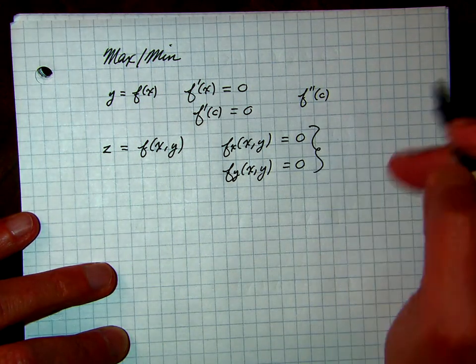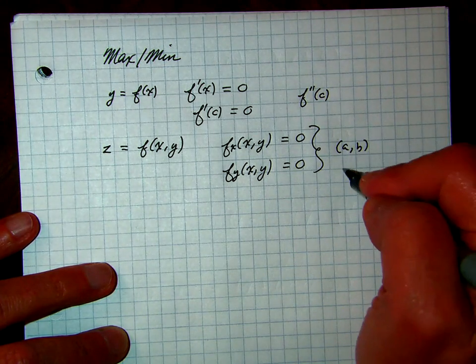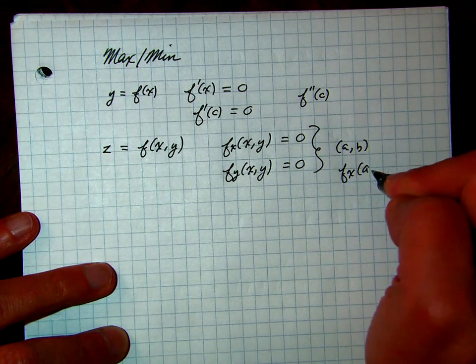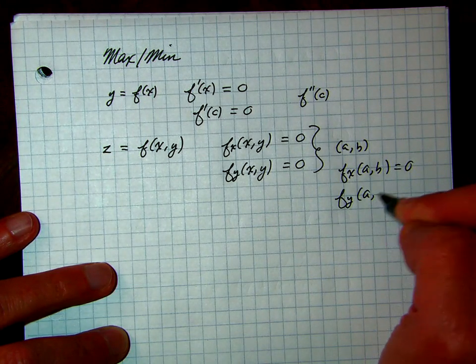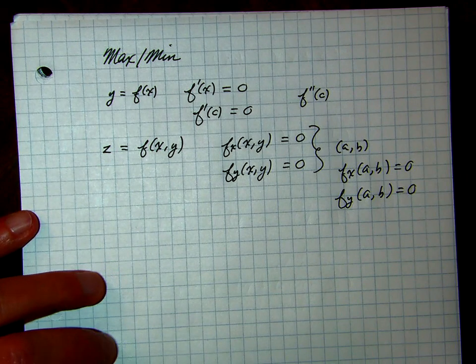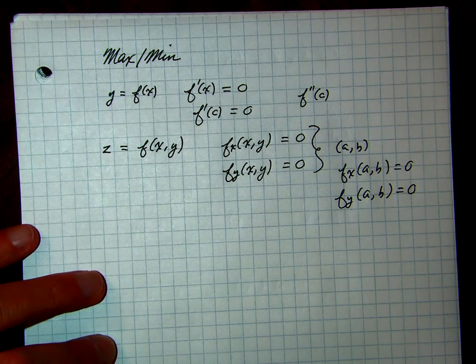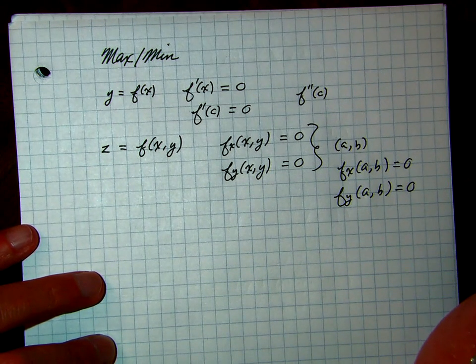And when we solve this system, we should get the point (a, b) where both fx(a,b) is 0 and fy(a,b) is 0. In other words, that's what we call a critical point. So let's see if we can do this for a specific example and then determine whether or not it's a maximum or a minimum. And there's going to be a trap that we're going to have to avoid.